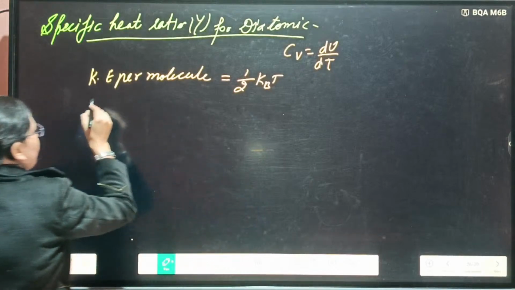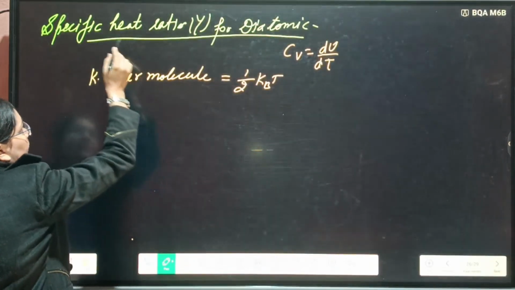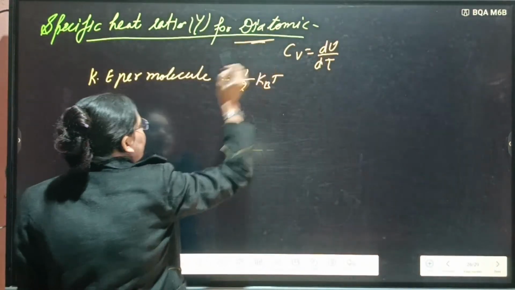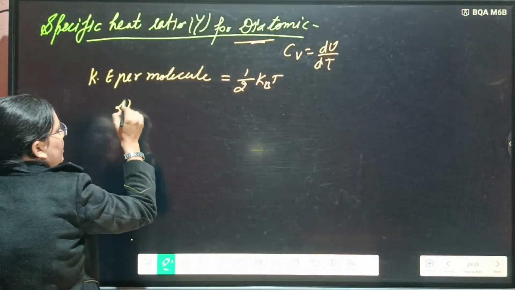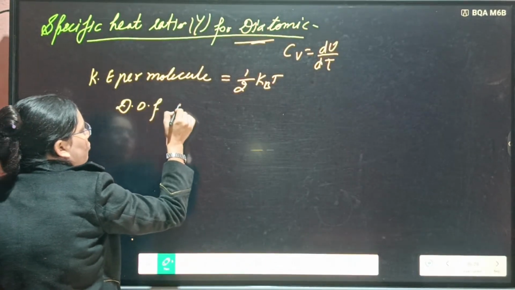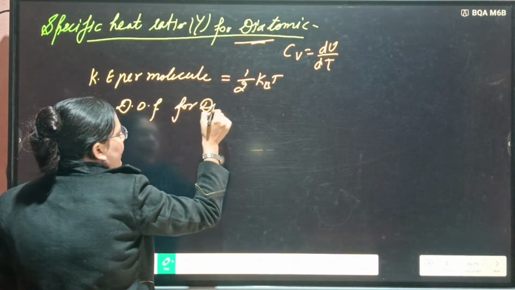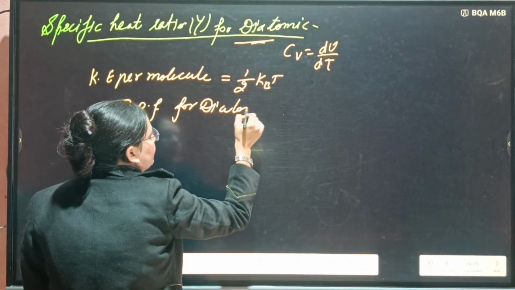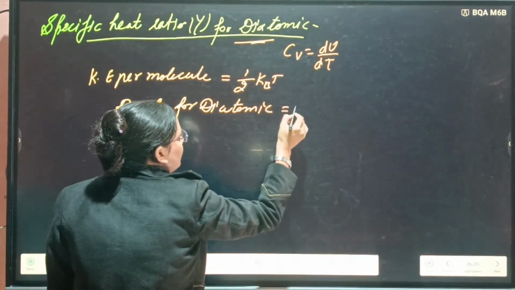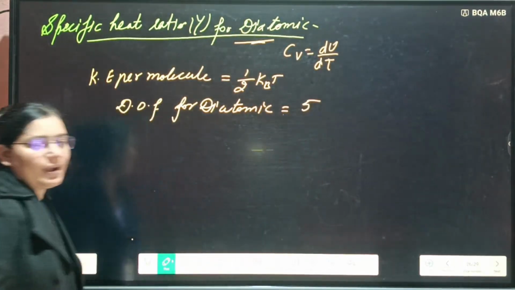Okay, so degree of freedom for the diatomic की बात कर रहे हैं. Degree of freedom for diatomic हम solve कर चुके बेटा ये चीज. तो क्या आता है? diatomic के लिए डिग्री ऑफ फ्रीडम कितनी होती है? 5 होती है.